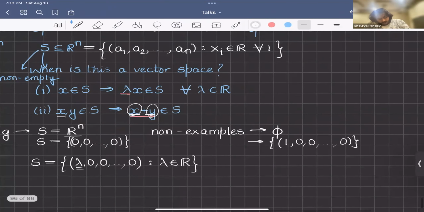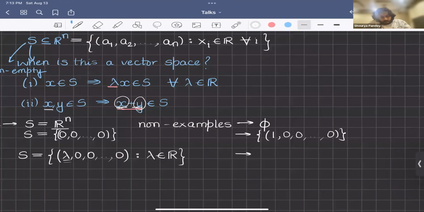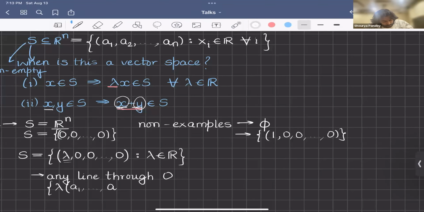Other than this, there are other examples. Any line through the origin would look like lambda times some fixed vector a1 up to an, where lambda varies through R. This is also a vector space.